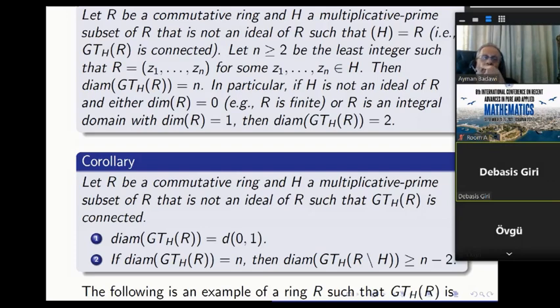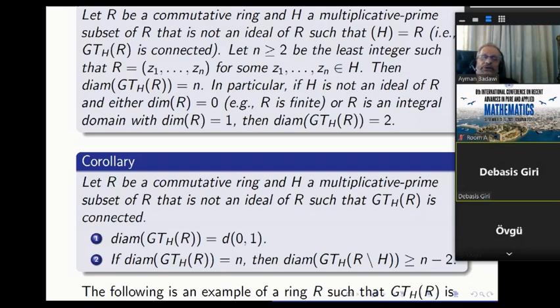Okay? Look at this result. Let n be the least integer such that each element in R can be written as a linear combination of the Zi's, with the Zi's in H. Then the diameter of the graph will be the number of the generators. Then n will be the diameter of this graph.